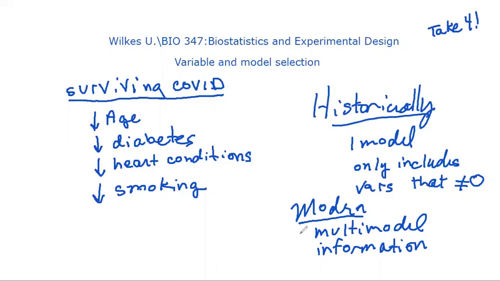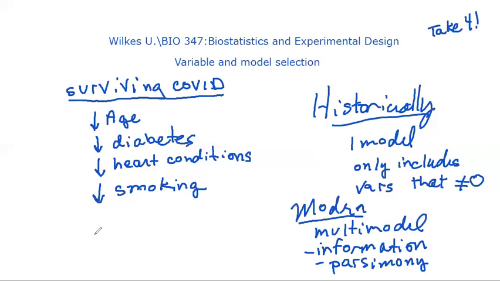The multi-model view of how we figure out what to use is the information content, okay? And this idea of parsimony, okay? And this also goes into the historical aspects as well.